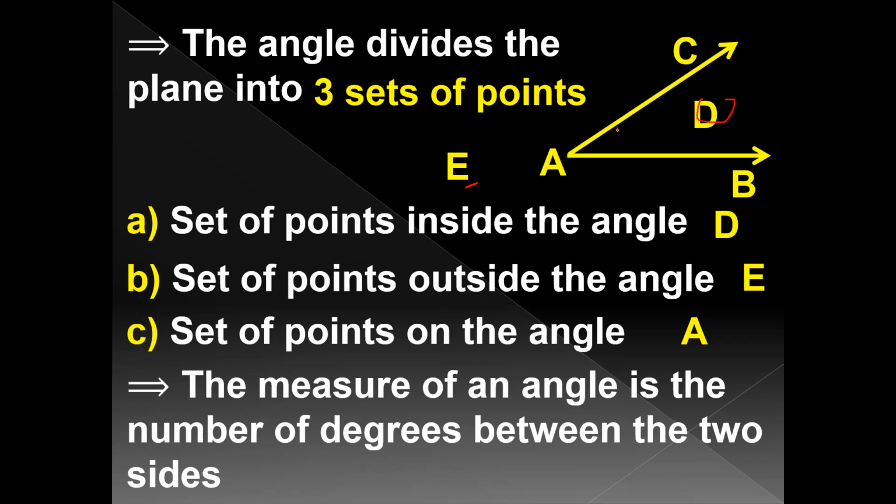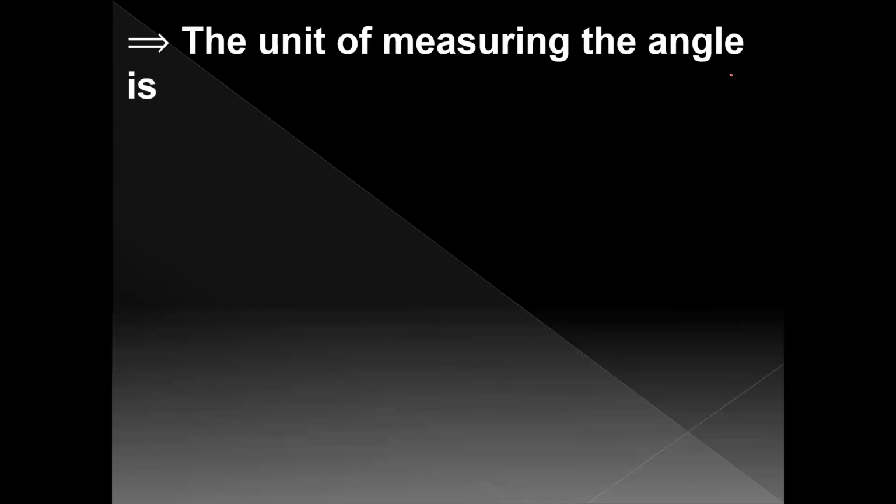How can we find the measure of the angle? As we said before, the tool for measuring angle is the protractor. The measure of the angle is the number of degrees between the two sides. If we measure this part by using the protractor, it is called the measure of the angle. And the unit of measuring angle is degree.